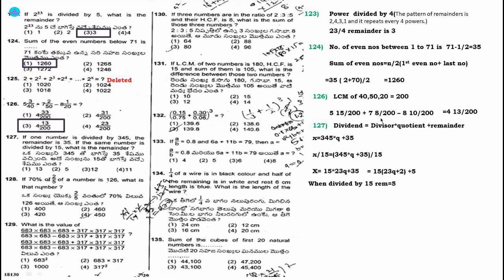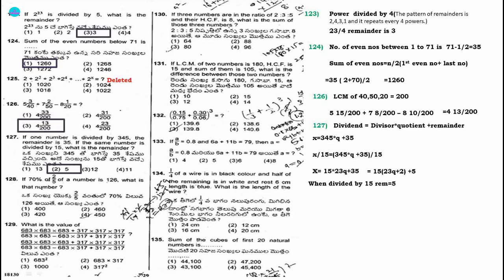So when divided by 15, remainder is 5, because if we make 345 divisible by 15, the remaining number will be the remainder. So 345 we are writing as 15 into 23. So 35, how we can write? 30 plus 5. So 15 common, 23q plus 30 means 2, plus 5. So this is divisible by 15, so what is the remainder when divided by 15? Remainder is 5. Option is 2.